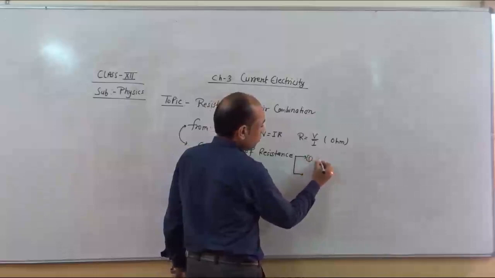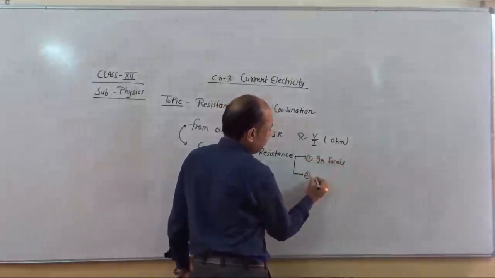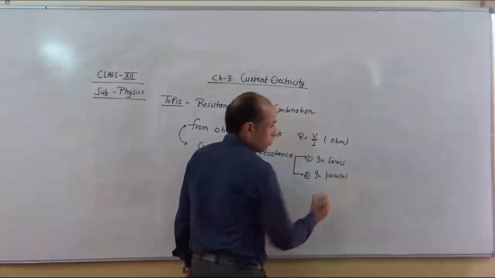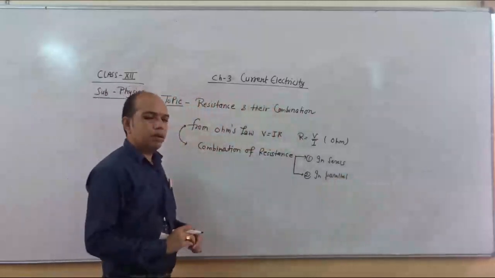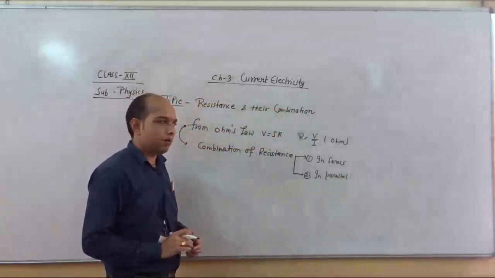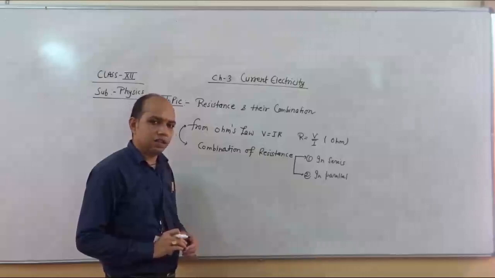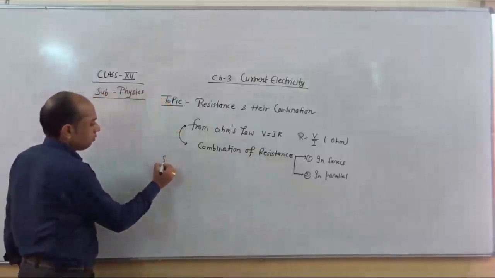First one is in series, second one is in parallel. So two ways we can connect the resistance in the circuit, either series or parallel. Each combination has some advantages as well as some disadvantages. So first we discuss the series circuit.